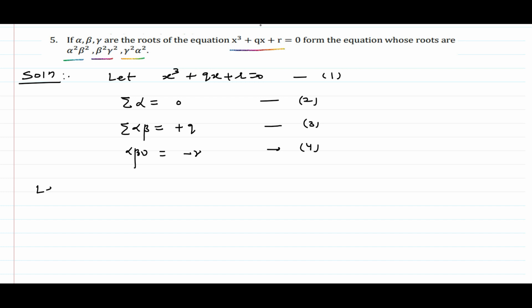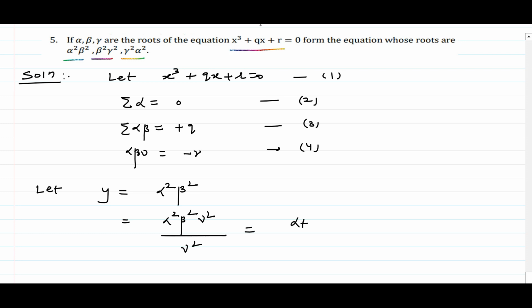So now let y is equal to alpha square beta square be the root of the required equation. So this can be written as alpha square beta square. Here the gamma square is missing, so we need to adjust the gamma square in numerator and denominator.